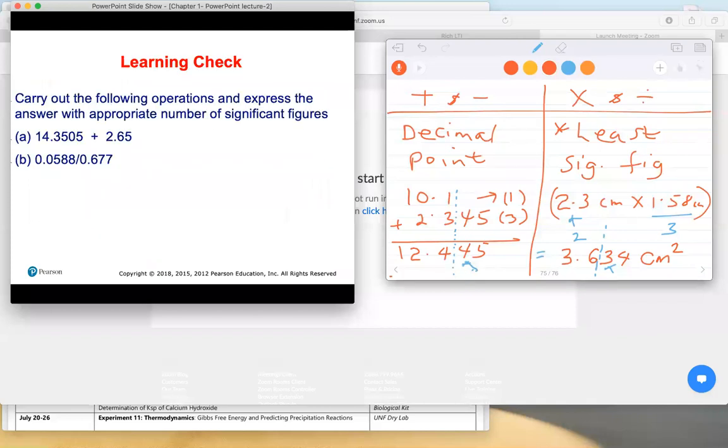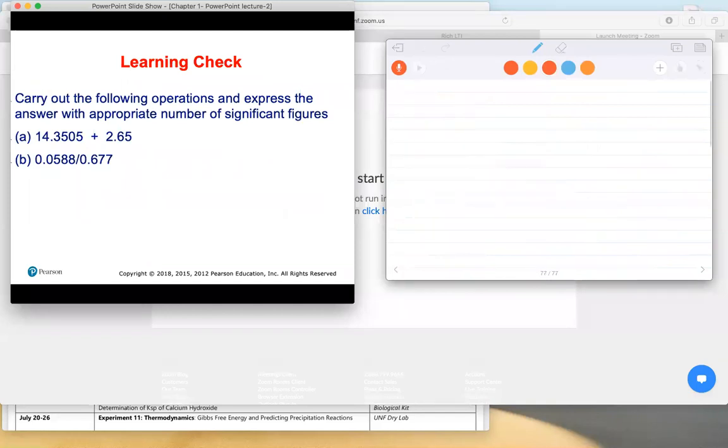Let's see an example here. If you have your calculator, look at 14.3505 plus 2.65.